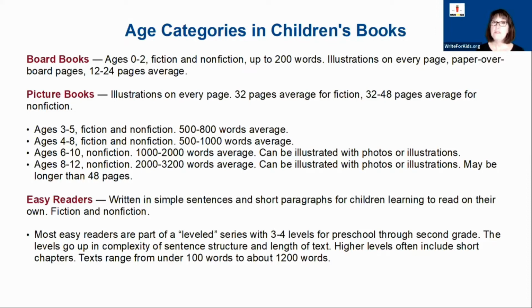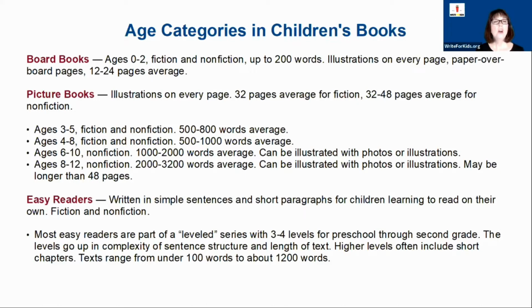And then in nonfiction, you can have fully illustrated books that look like picture books, but they're for slightly older kids. 6 to 10 is one general age group, and you can see that the word count gets a little higher. And then 8 to 12 with even longer word count. Often those books are illustrated with photographs instead of illustrations.